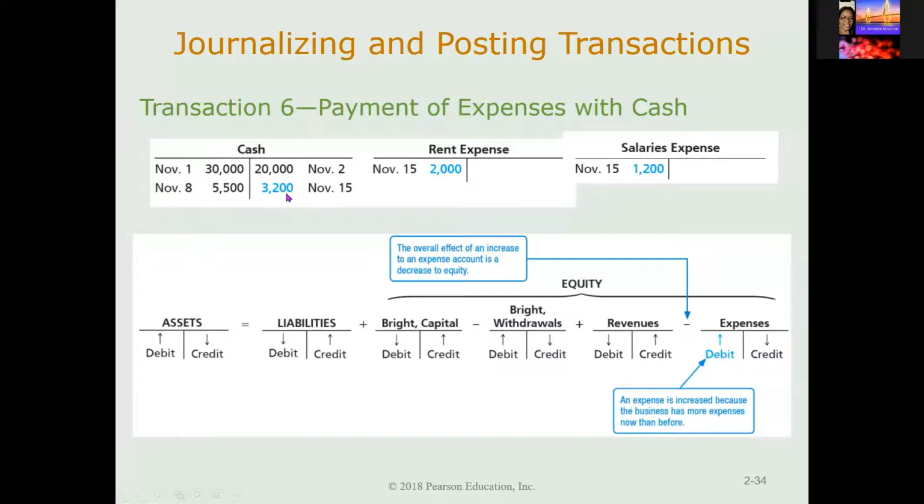So you're decreasing cash, which is an asset account. You have your rent expense, which was paid $2,000, and the $1,200 on November 15 salary expense. So the overall effect of an increase to an expense account is a decrease to equity. Okay? And expenses increase because the business has more expenses now than before.